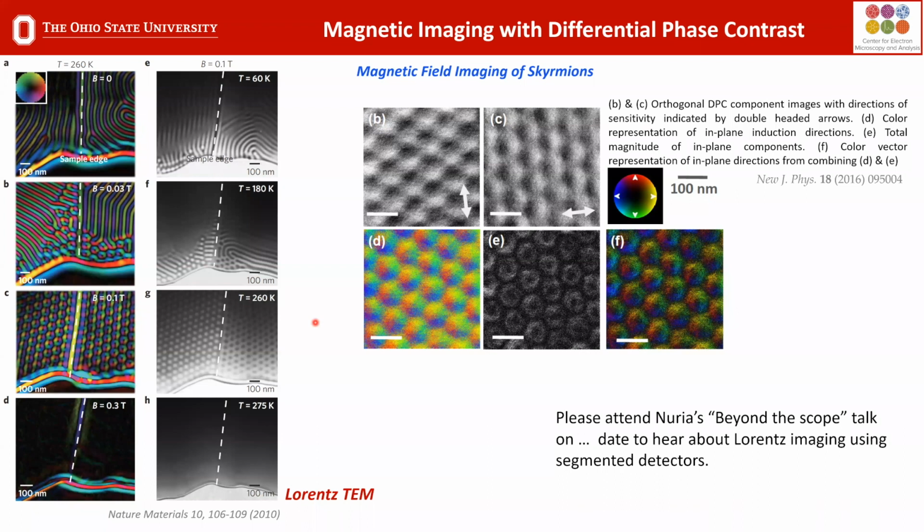The reason we want to image magnetic domains is because this helps control all of our computers and our memory storage devices. If you want a better iPhone that holds more pictures and more music, I guess we don't need music in the cloud, but if you want something that holds more memory and more data, you need to figure out ways to make those data storage devices smaller and more compact, right? And we'd also like to make them as light as possible.